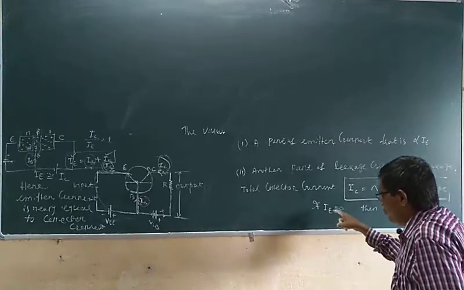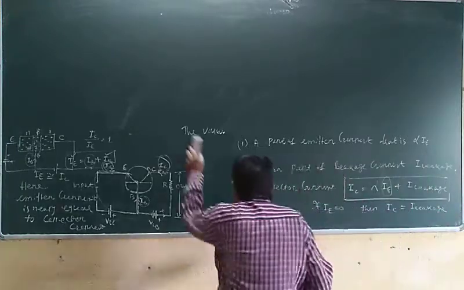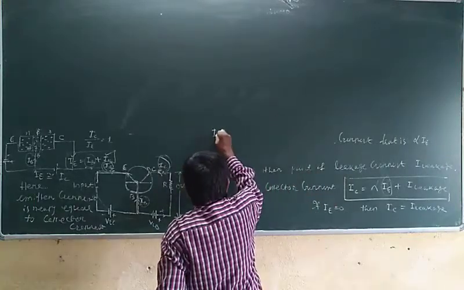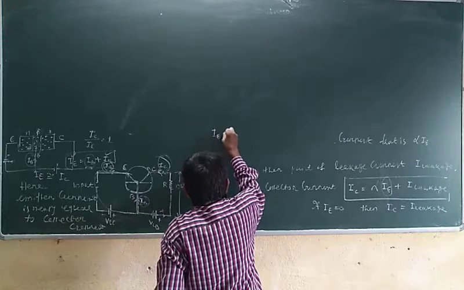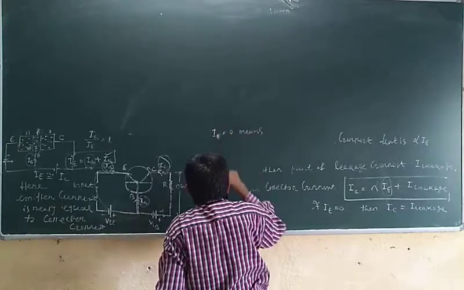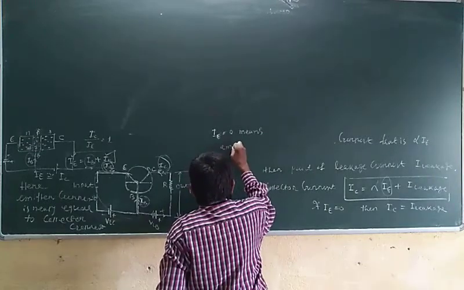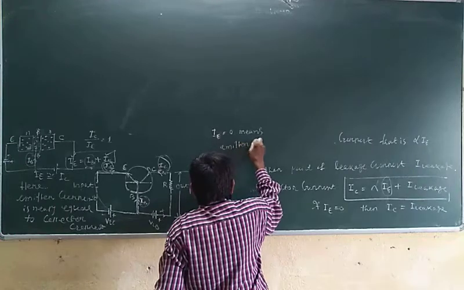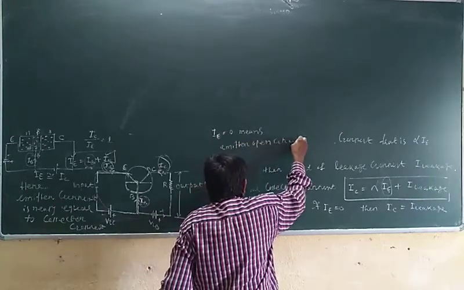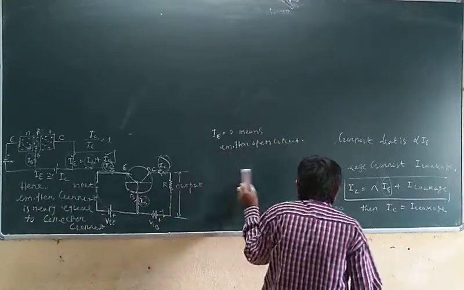IE equal to 0 means the emitter is open circuit.